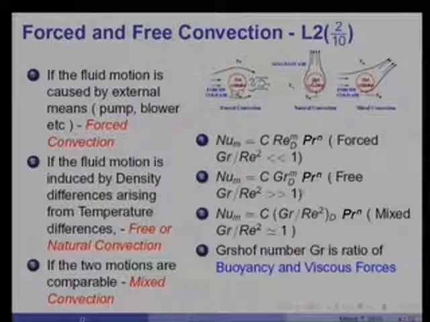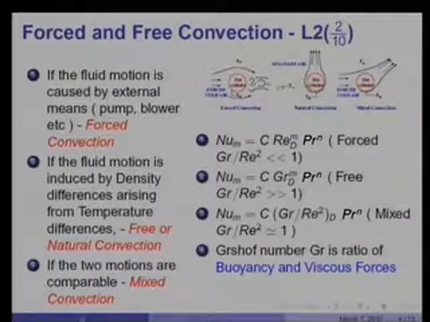On the other hand, if this cylinder was kept in stagnant air, you would see the fluid motion would still be caused, but it will be upwards, acting against gravity g, which is downwards. Since the cylinder is hot, the density near the cylinder is low, and the temperature of the stagnant air is very low, and therefore its density is high.